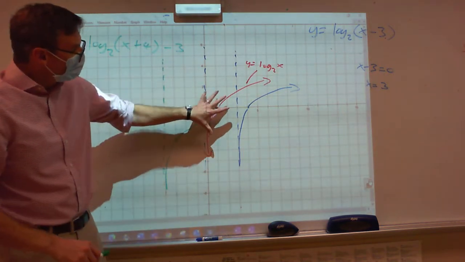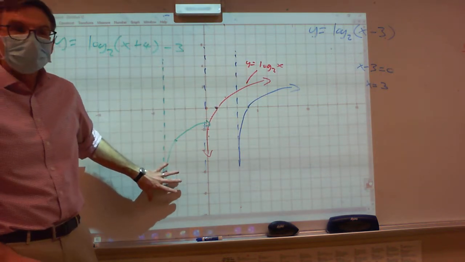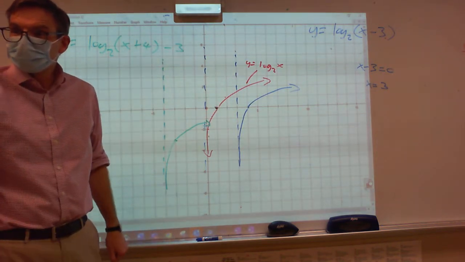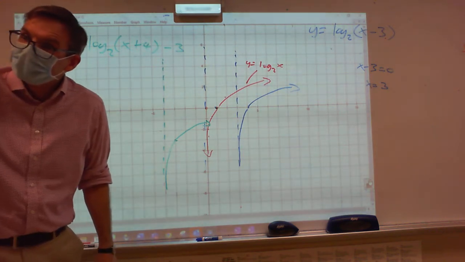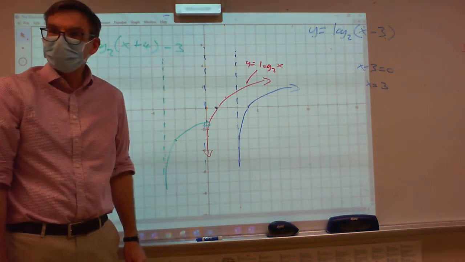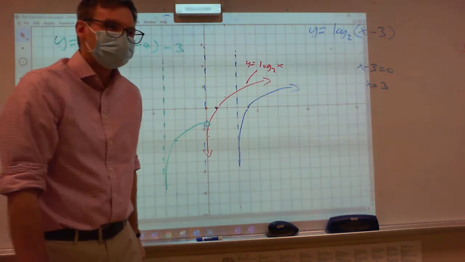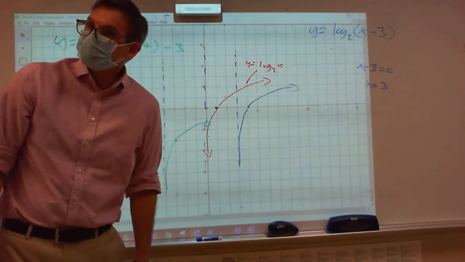And does it look like we've taken our original graph and we moved it back 4 and down 3? Yes. Is the special point always going to be the right of the asymptote? Good question. I'll answer that later. Sometimes.